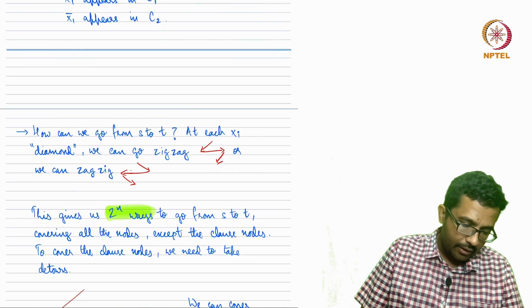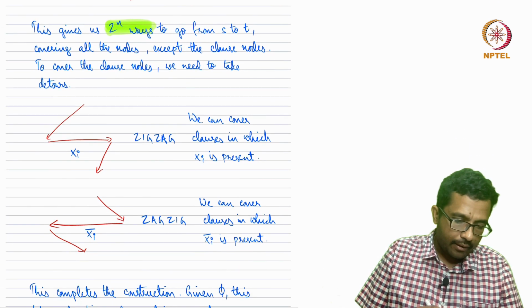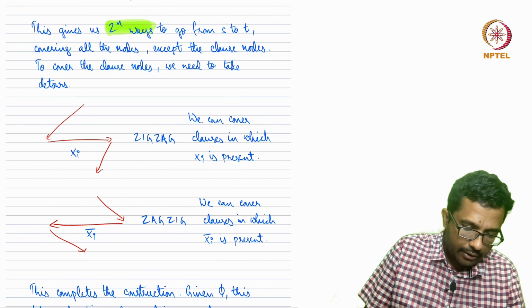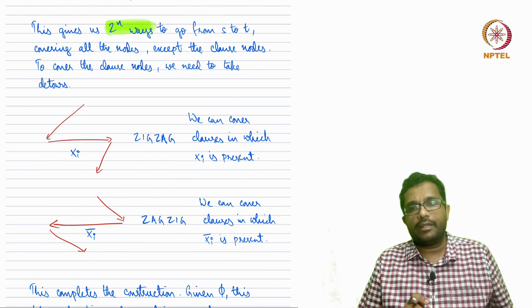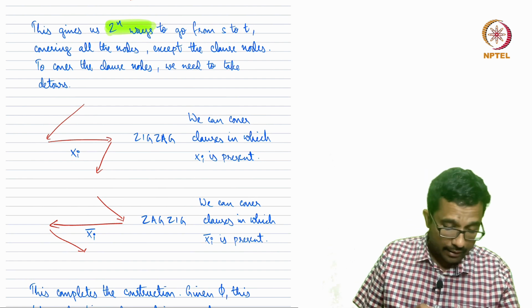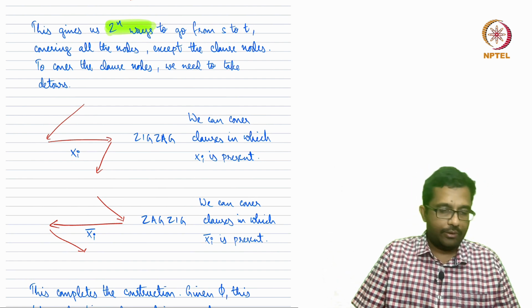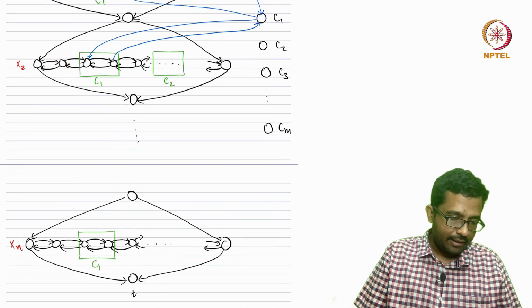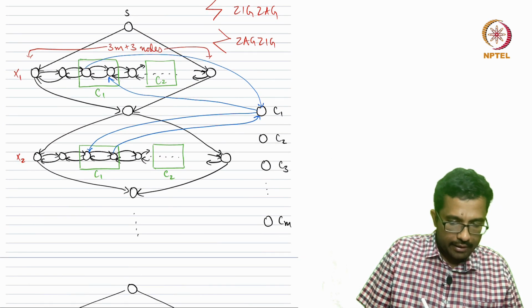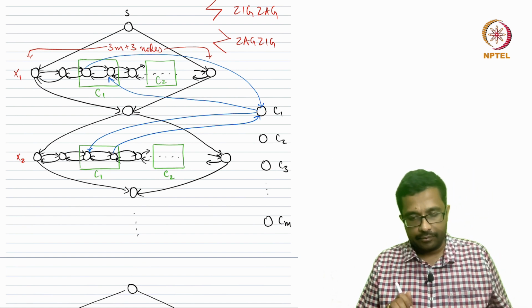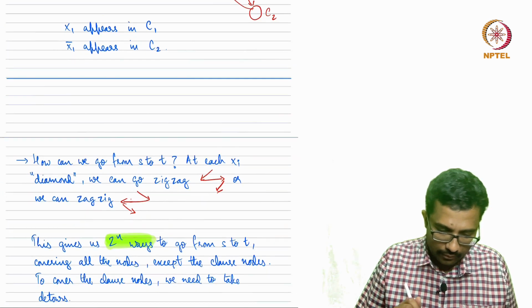So if we are zigzagging, we can cover the clauses in which xi is present, and zag-zigging we can cover the clauses in which xi complement is present. And that is the construction. I have explained the diamonds, the top and bottom S and T, and how the clause vertices are connected.